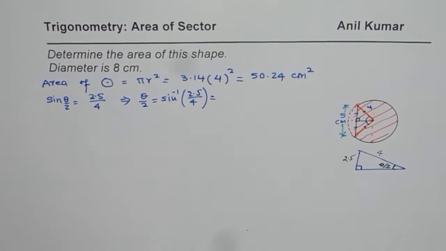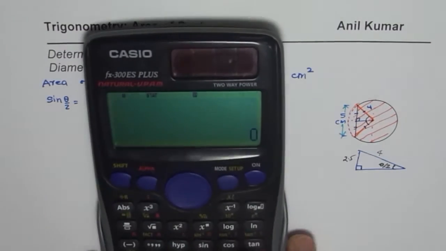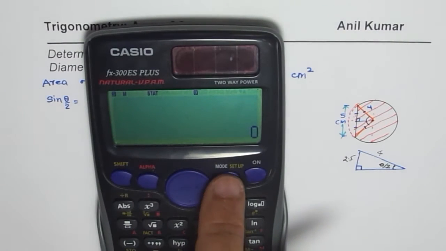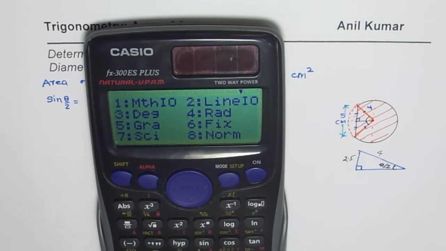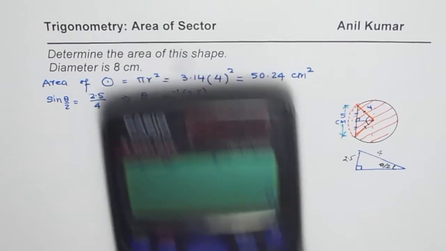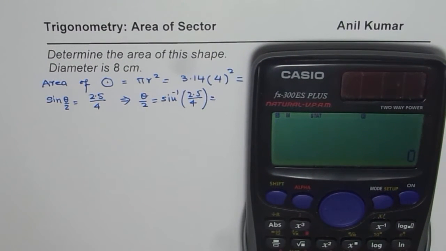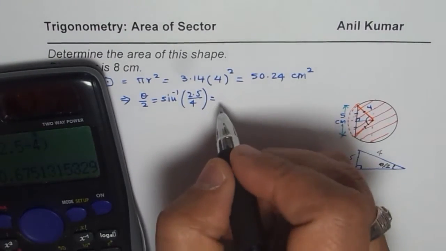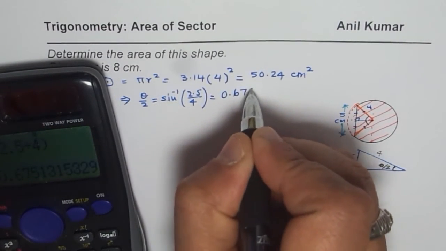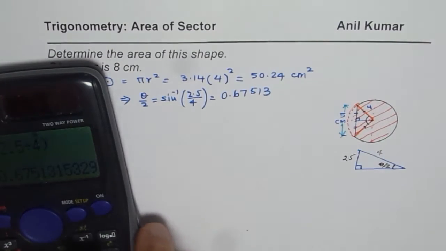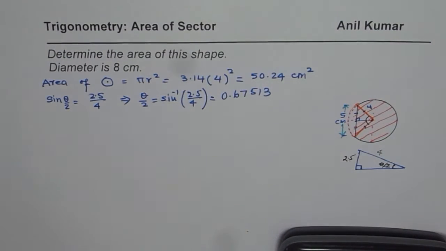Now all this should be in radians. So first you convert your mode to radians, which in our case will be 4. Now it is in radians, and now we will do sine inverse of 2.5 divided by 4, bracket close, which equals 0.67513. It's good to take at least 4 decimal places for accuracy.